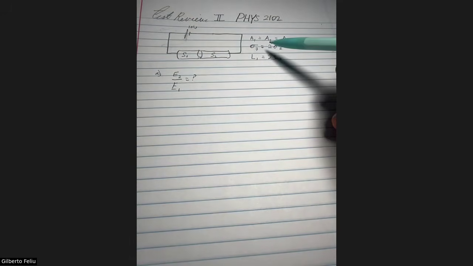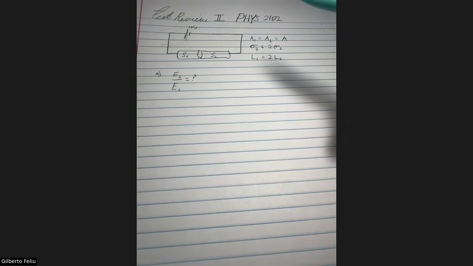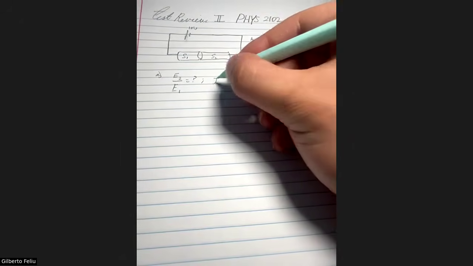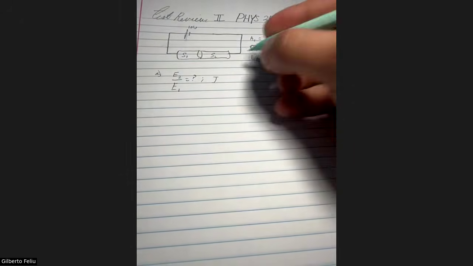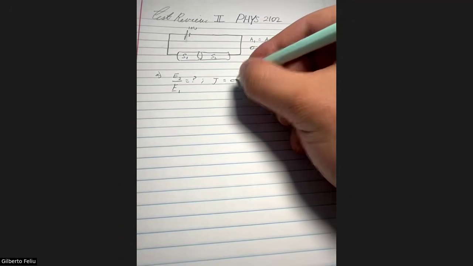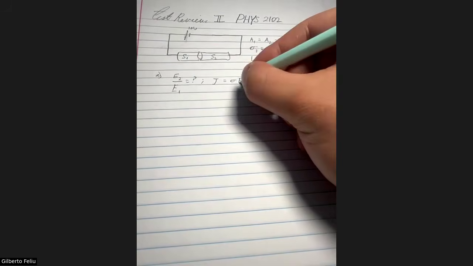So, okay, we're working with conductivity. So let's see if we can use the microscopic form of Ohm's law, right? In that case, current density is equal to the product between the conductivity and the electric field.